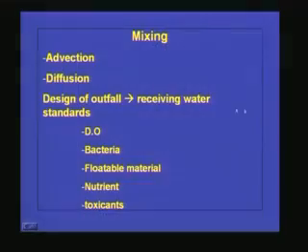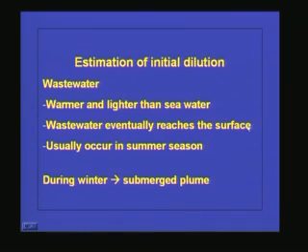So, depending upon the downstream use of the water body, the receiving water standards have been put up, and we have to satisfy that standard after advection, diffusion and biodegradation. The ultimate concentration should be within the permissible limit.